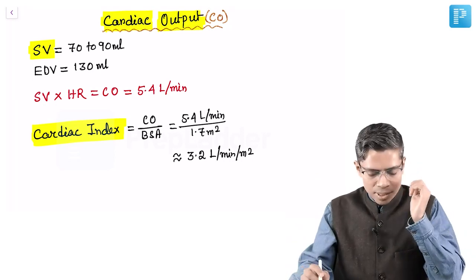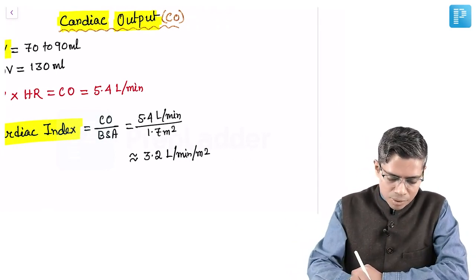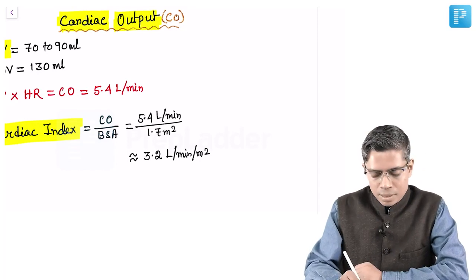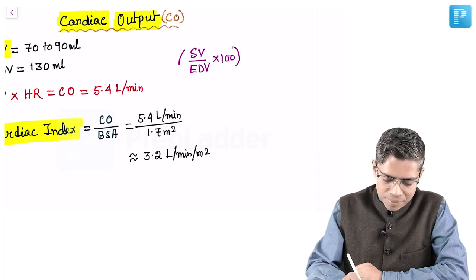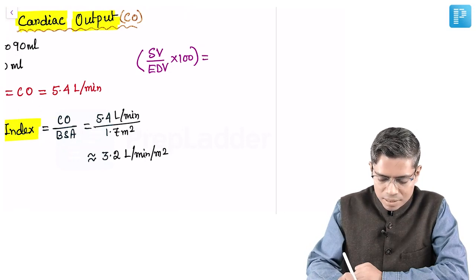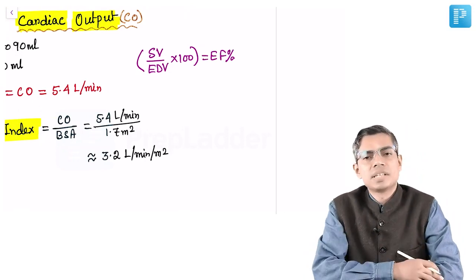Now apart from this, if you take the percentage of stroke volume upon your end diastolic volume, this is known as the ejection fraction percentage, right?